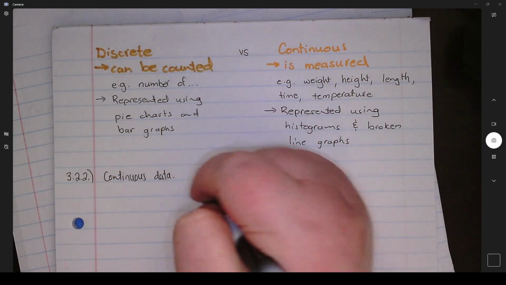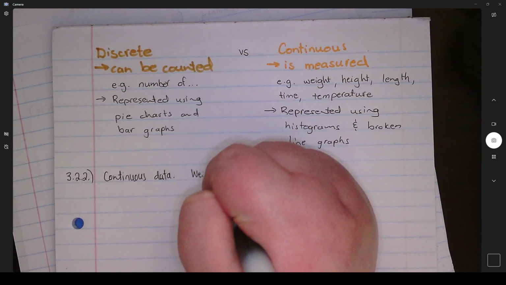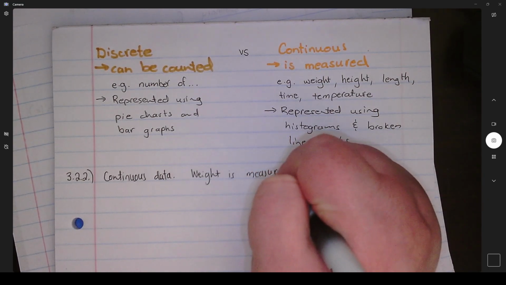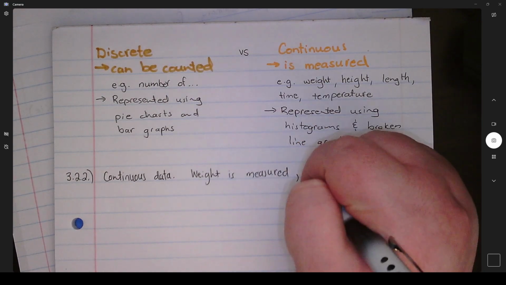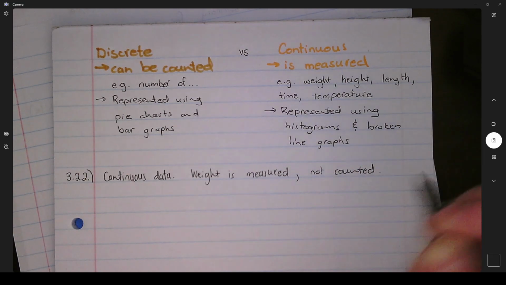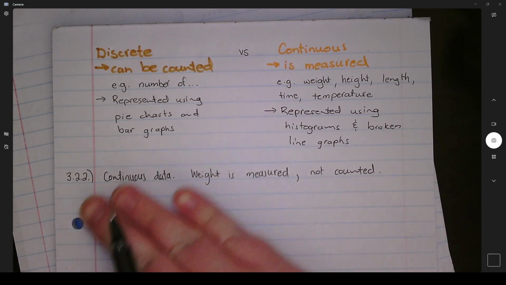The reason is that weight is measured rather than counted. Now there is a reasoning behind it. Continuous data changes over time.